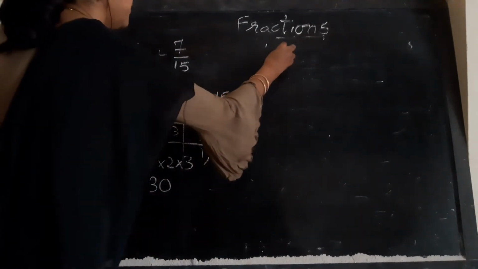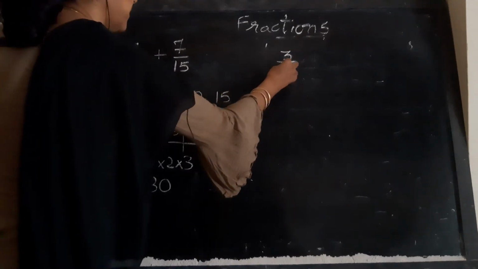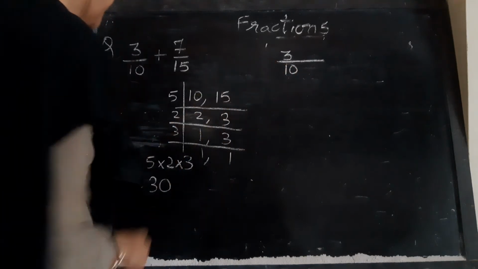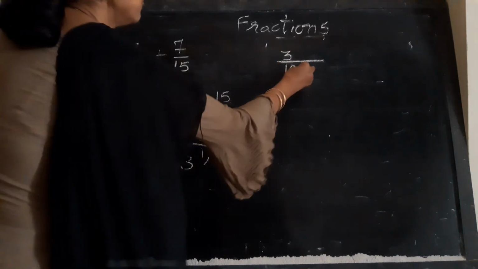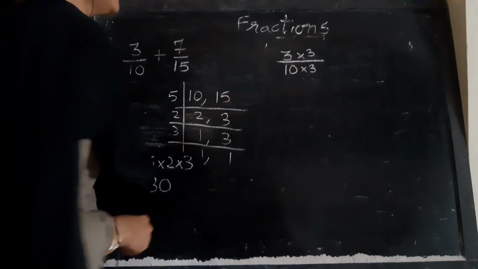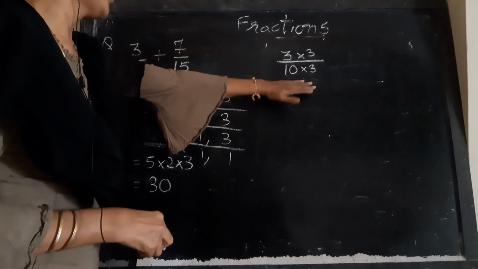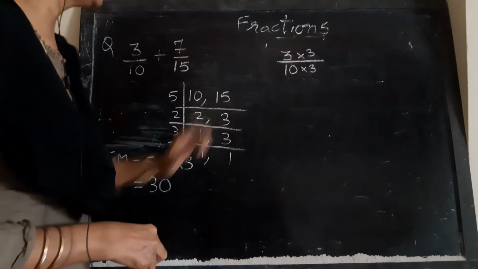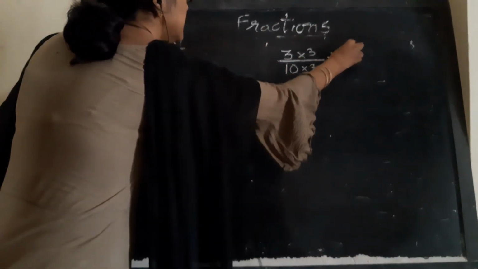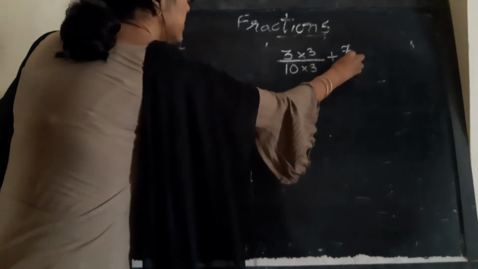First one is 3 upon 10. Copy down, and then this 10 is to be converted into 30. So multiply it by 3. The numerator will also be multiplied by 3. Whatever process you do to the denominator, the same will be followed for the numerator. Plus 7 upon 15.